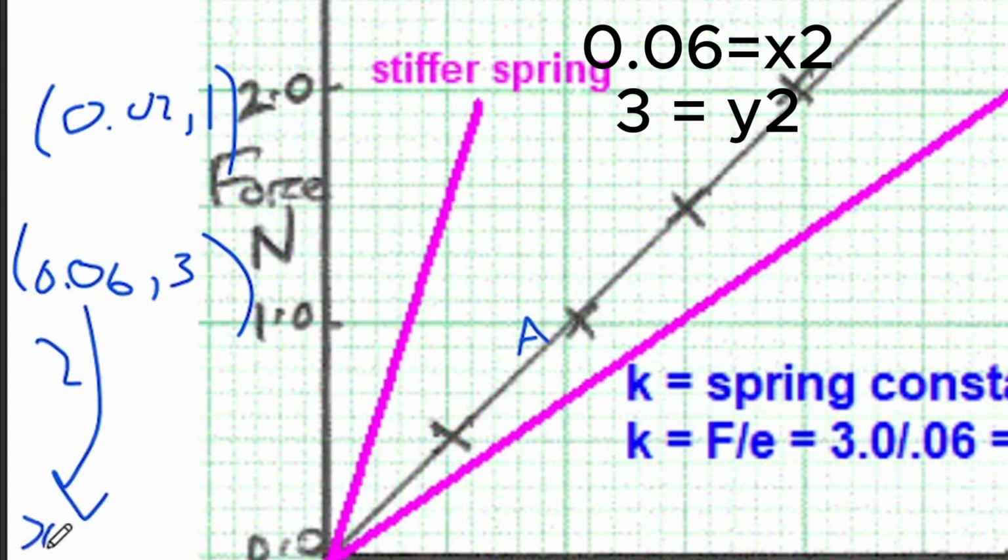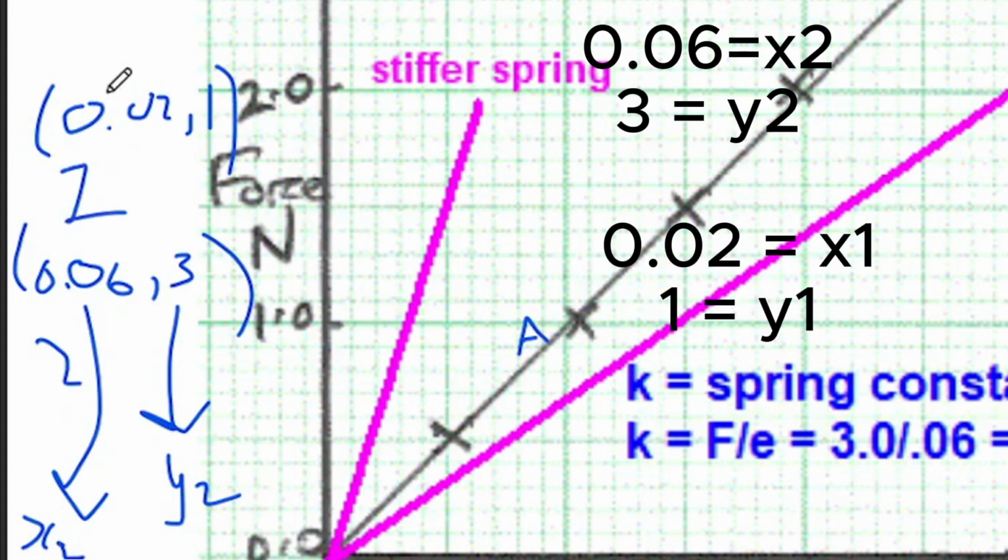And this 3 right here is my 2 coordinate, so this 3 will be y2. And if this is my 2 coordinate, this will be my 1 coordinate. And obviously that means that this 0.02 is x1, and the 1 value is my y1.